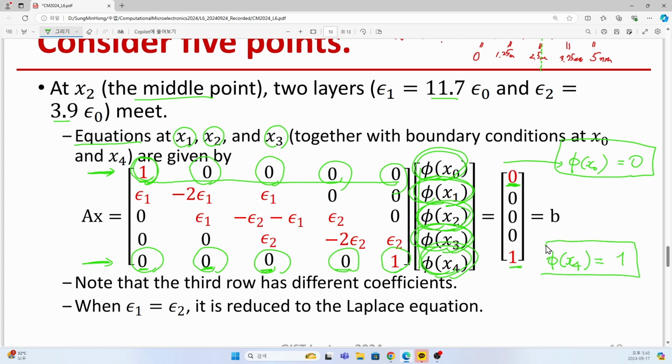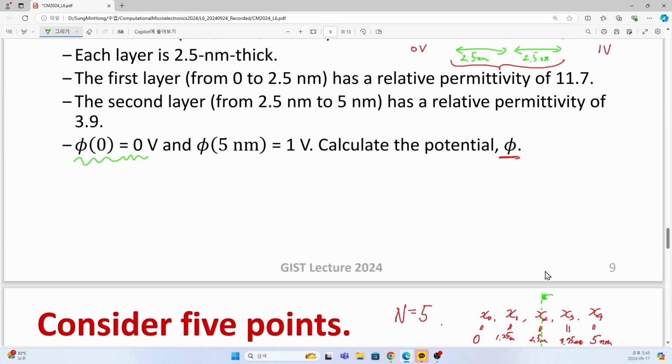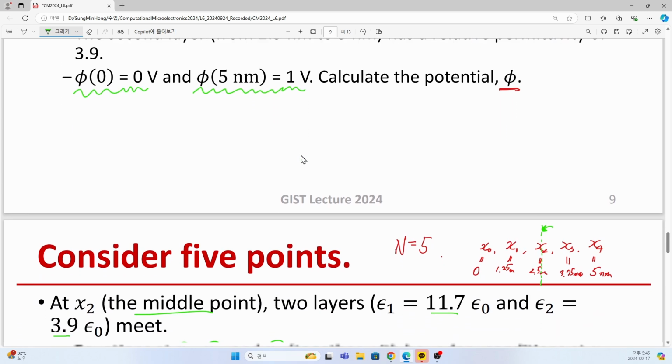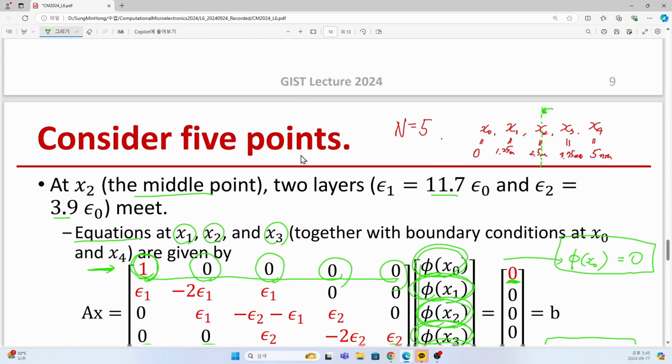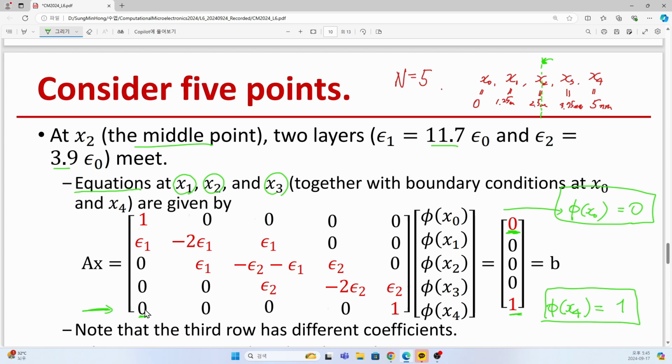What is it? This is once again corresponding to our other boundary condition evaluated at the rightmost value of position, so the right boundary. Now you can easily understand, just following this matrix vector multiplication, we can recover two boundary conditions evaluated at x sub 0 and x sub 4.